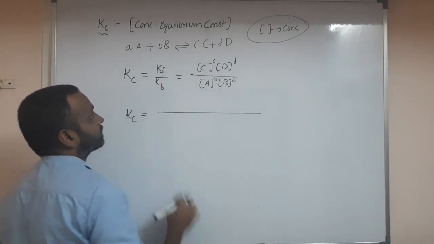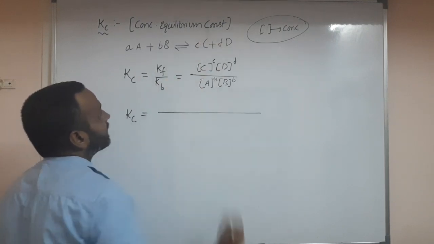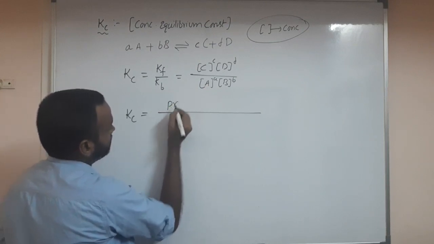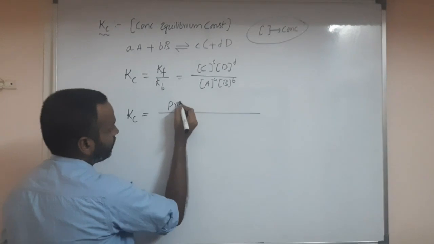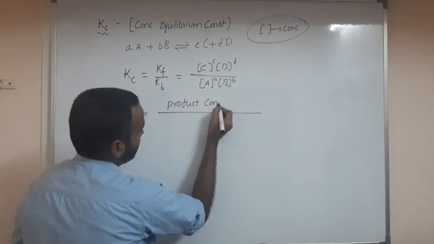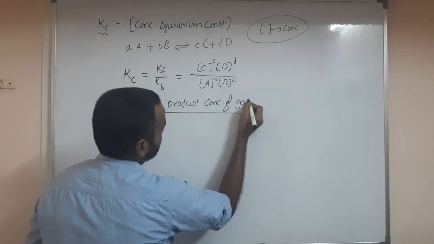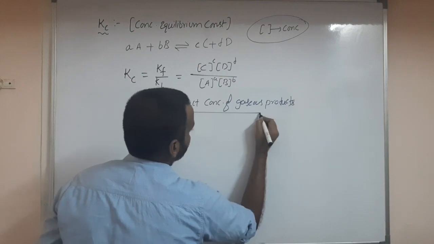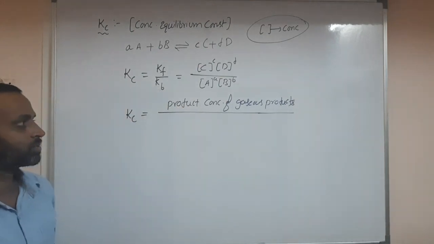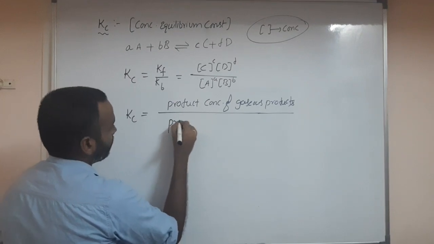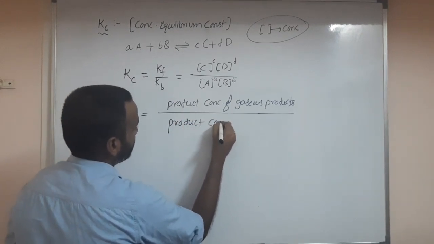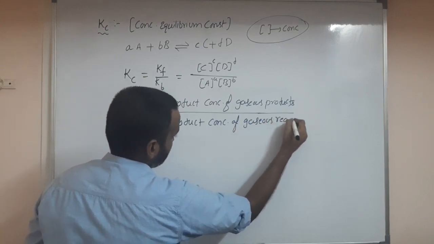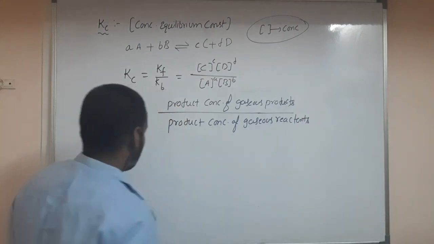The number of moles of C. Kc is the ratio of product concentrations of gaseous products to the product concentrations of gaseous reactants. Very, very important.